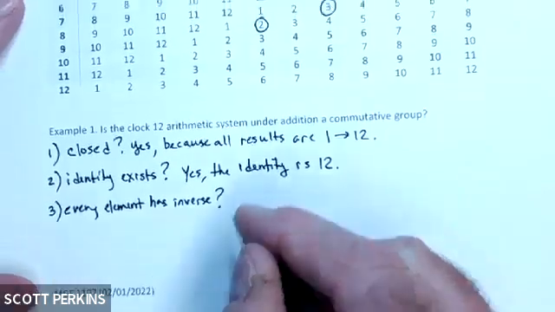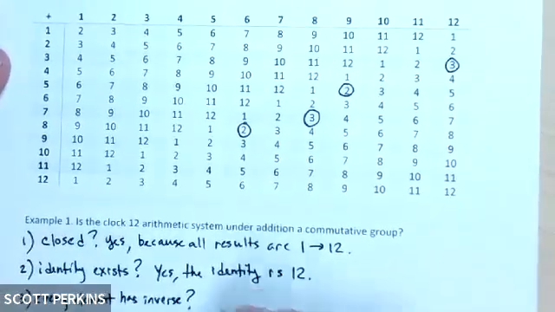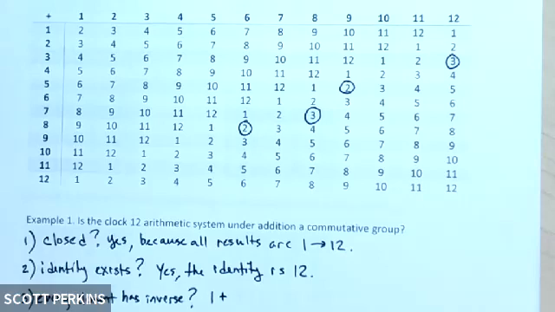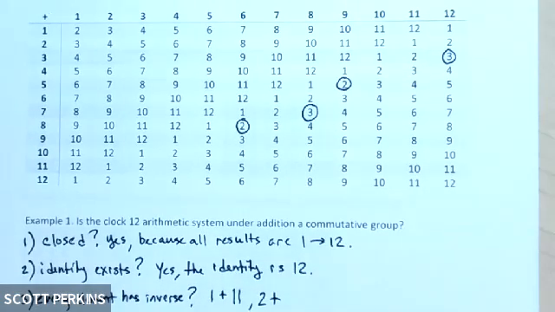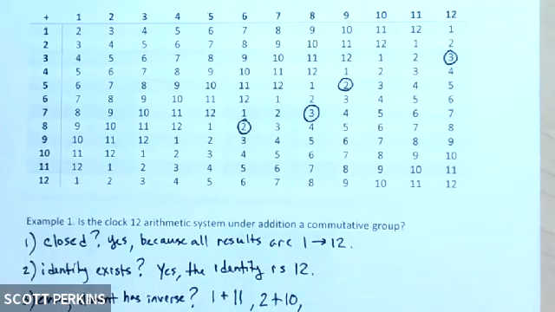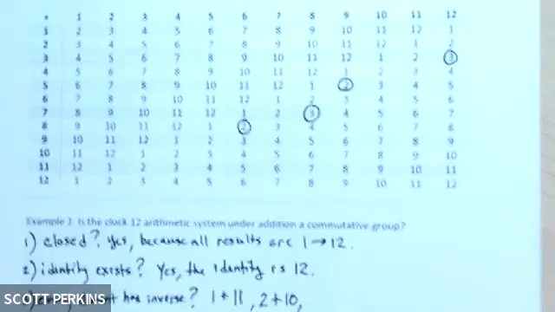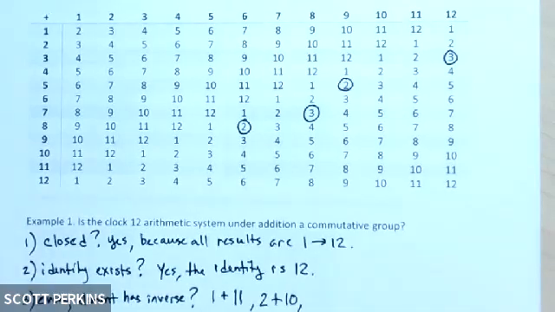My apologies. So starting with 1. What 1 plus what gives me the identity? 1 plus 11. Those two things are inverses. How about 2? 2 plus what? 10. Those are inverses. So I'm going through and identifying every pair of inverses according to the table.